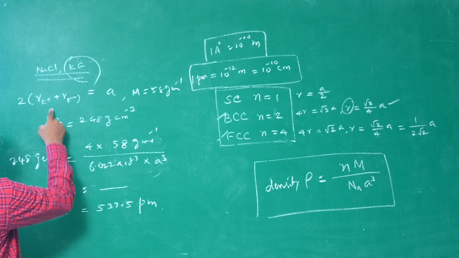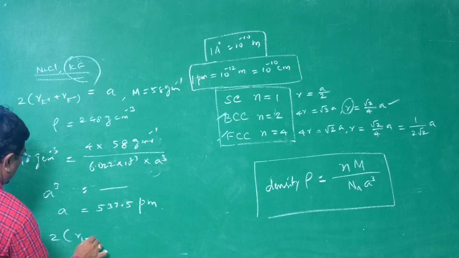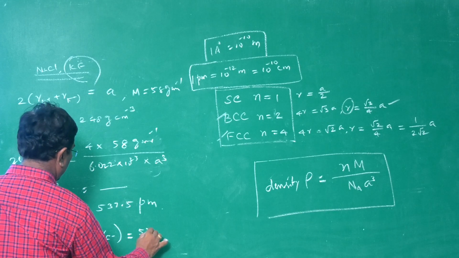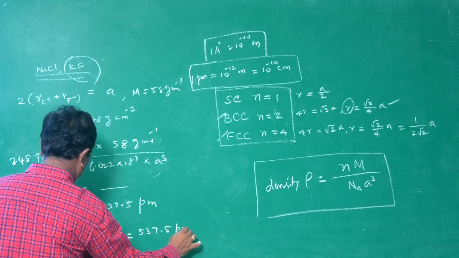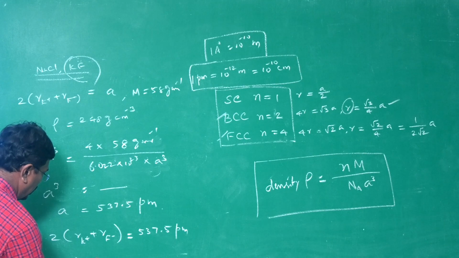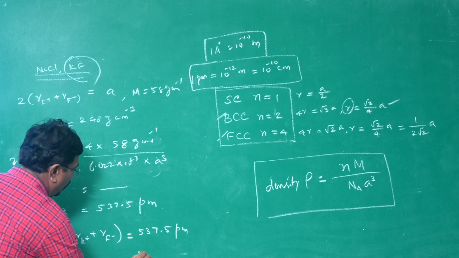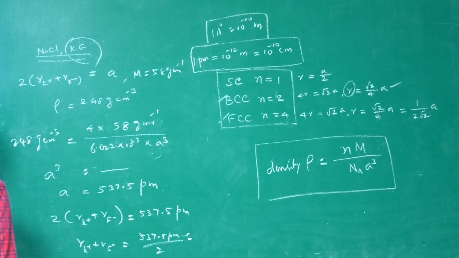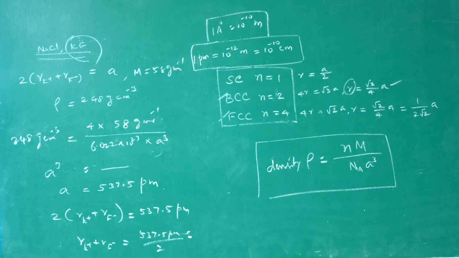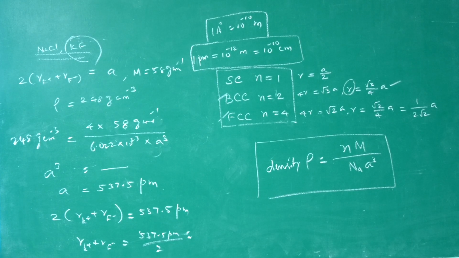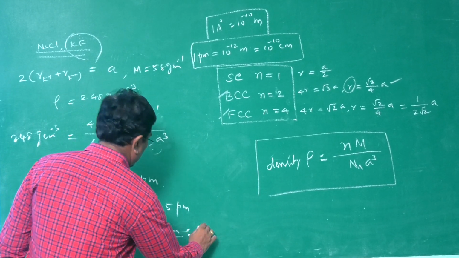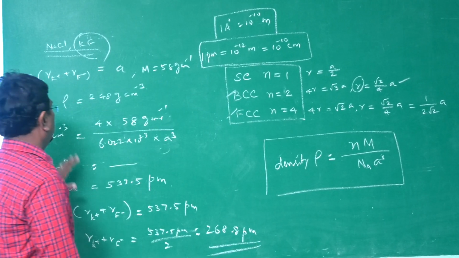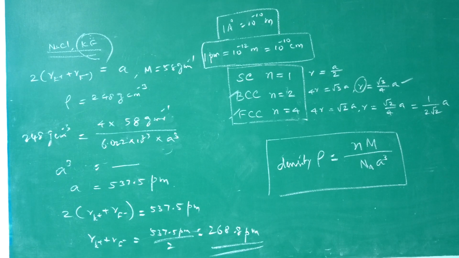A is equal to this much. 2 R K plus plus R F minus is equal to 537.5 picometer. So R K plus plus R F minus is equal to 537.5 picometer divided by 2. You will get the answer by dividing 537.5 by 2: 268.8. So just know the method, that is all.